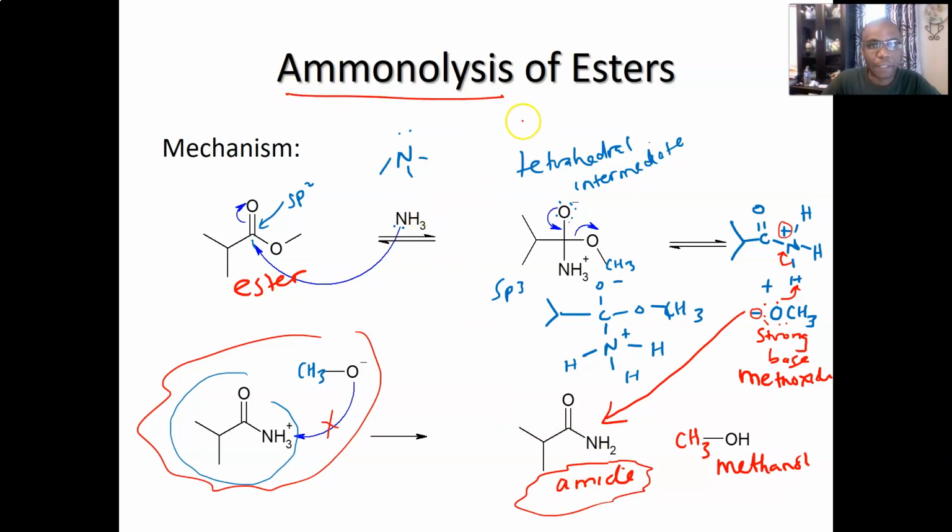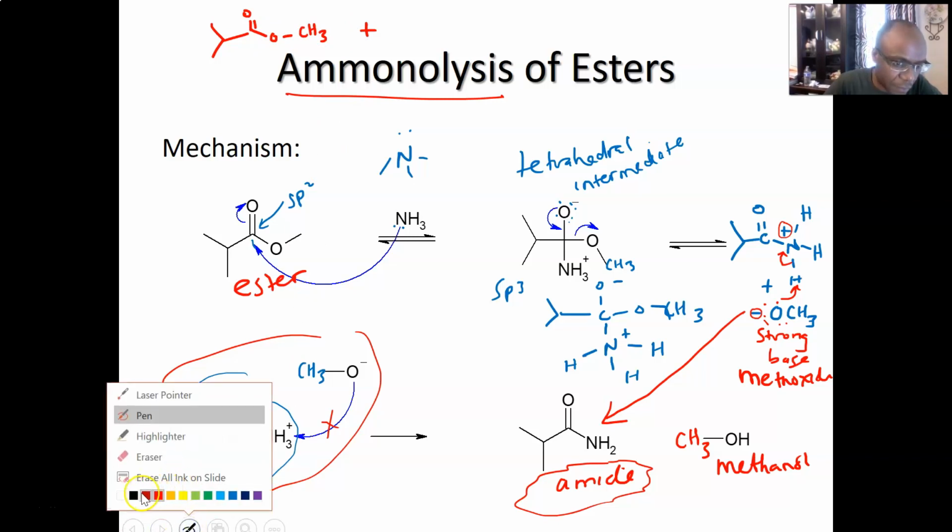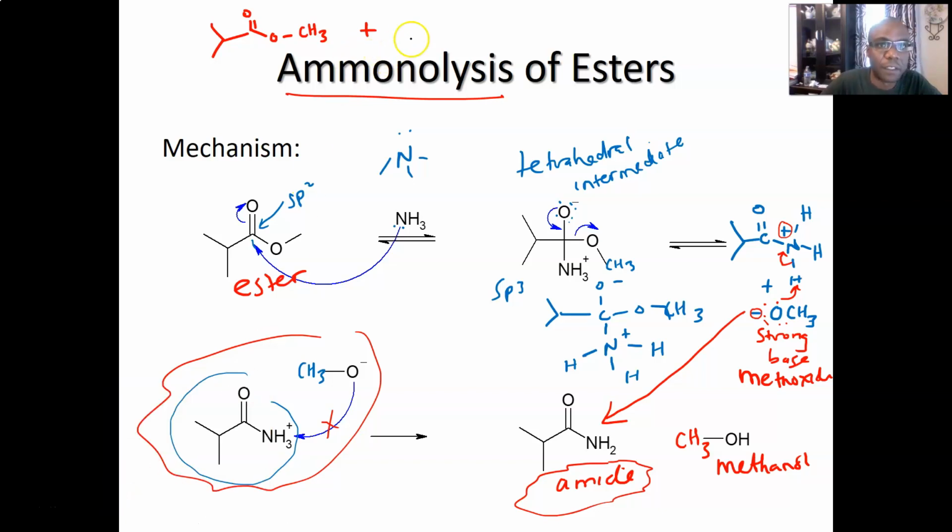Now, let me give you the shortcut again for this one, because I like giving shortcuts where it's possible. So you see how you have OCH3 and you have ammonia. We're going to use the same trick. I'm going to show one of the hydrogens from the amine. I know that the nitrogen should end up attached on the carbonyl, so this part must go.